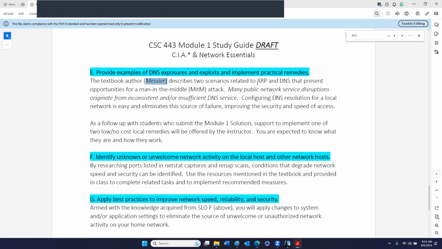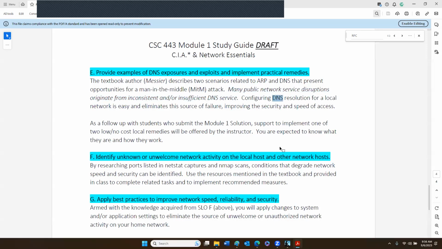So there are two scenarios related to ARP and DNS that present opportunities for a man-in-the-middle attack. Now, Messier doesn't explicitly mention the second one, but basically many public network service disruptions happen with inconsistent or insufficient DNS service. And one of the goals of our network forensics is for you to appreciate just how powerful it is having your own DNS.